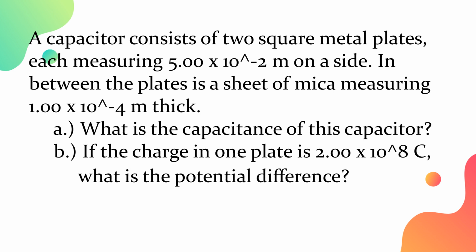For letter A, we are asked to find the capacitance of this capacitor. And for letter B, if the charge on one of the plates is 2.00 times 10 raised to negative 8 coulomb, what is the potential difference between the plates?